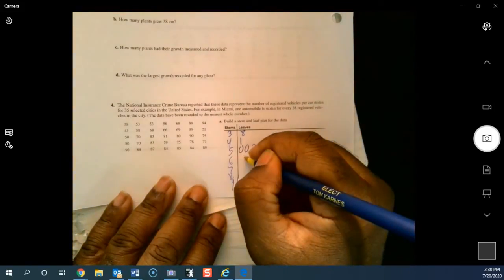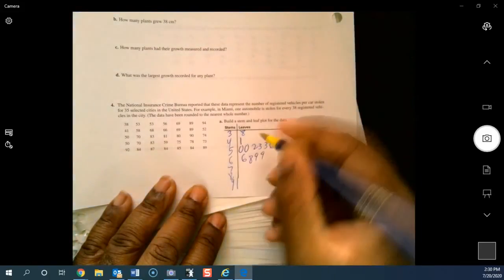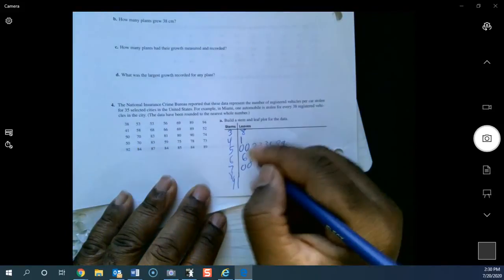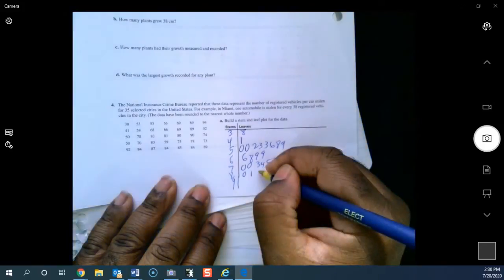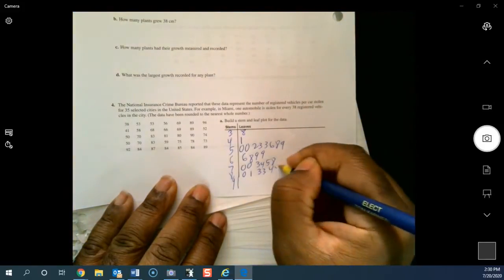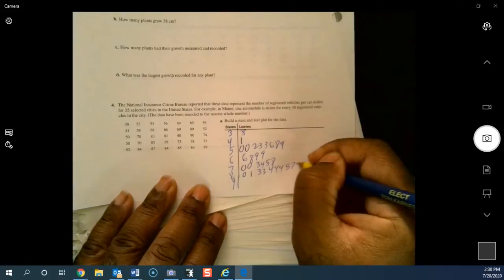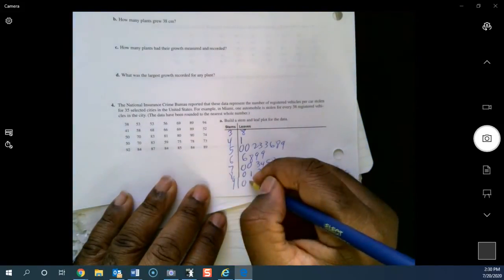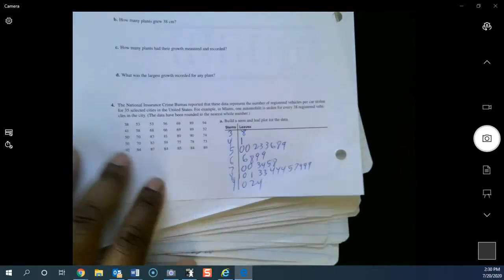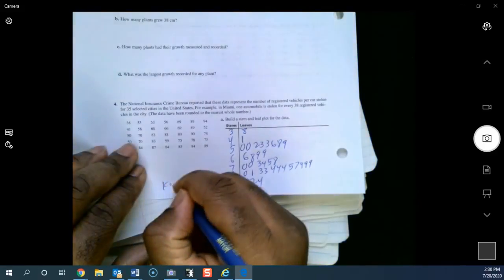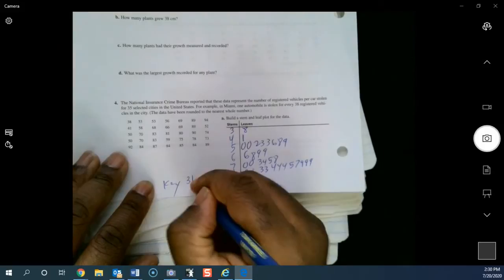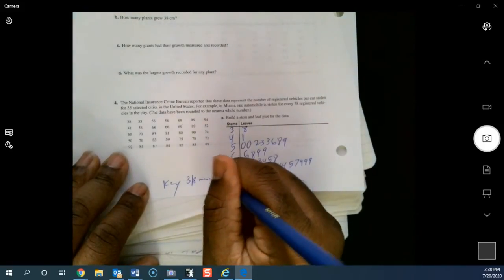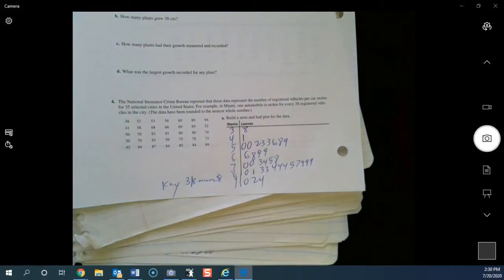The 6s will be 6, 8, 9, 9. 7s would be 2 zeros, 3, 4, 5, 8. 8s would be 0, 1, 3, 3, 4, 4, 4, 5, 7, 9, 9, 9. Then 9s would be 0, 2, 4. Now we could write a little key off to the side. The key, we could say 3|8 means 38, just to give us a perspective here.